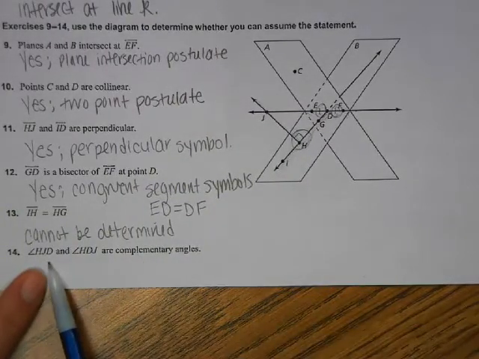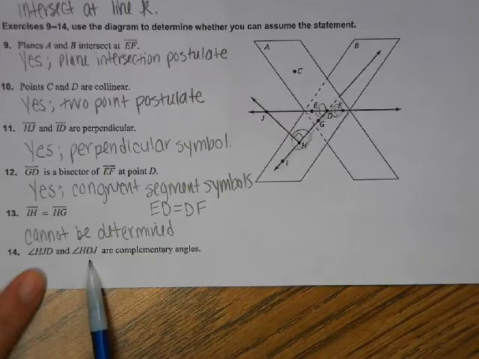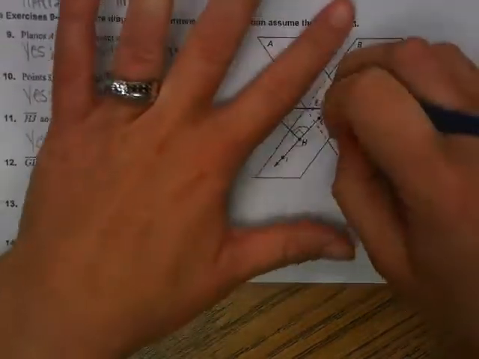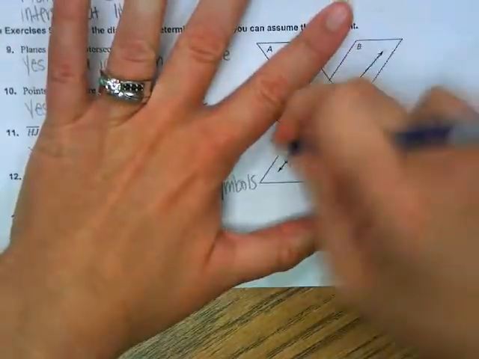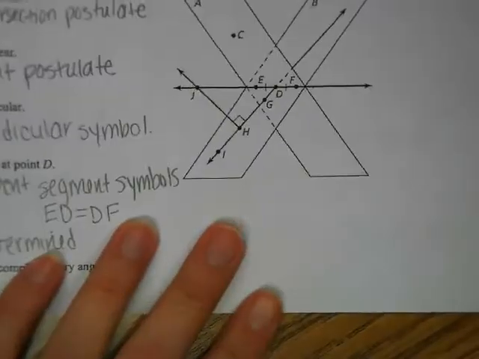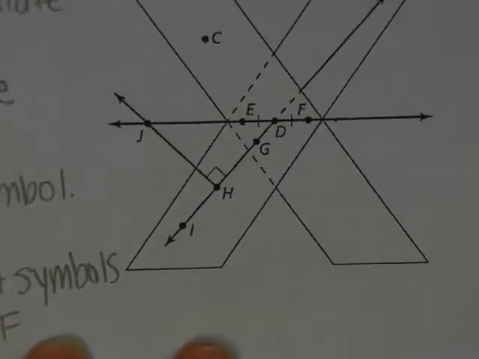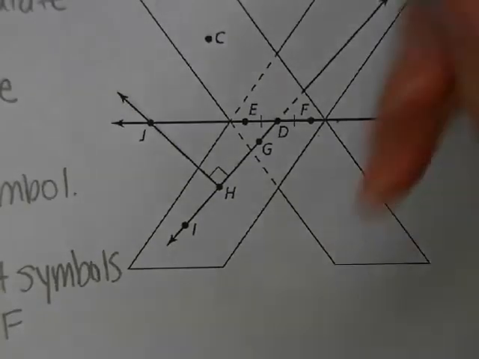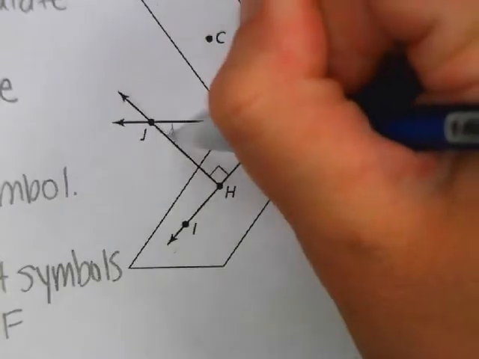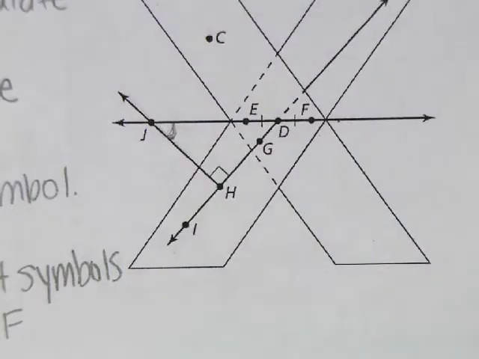And then angle HJD and angle HDJ are complementary angles. So I'm going to go ahead and erase my previous markings so I can mark up these two angles. So I have HJD. That's this angle right here.